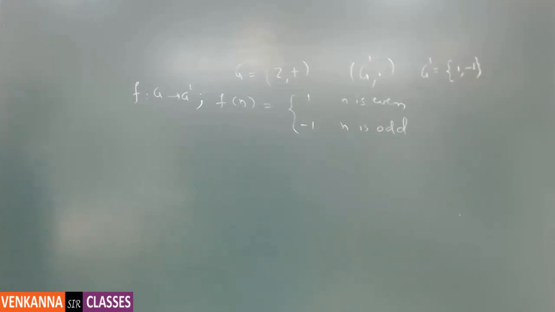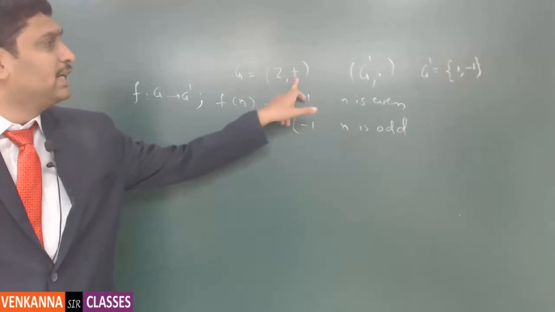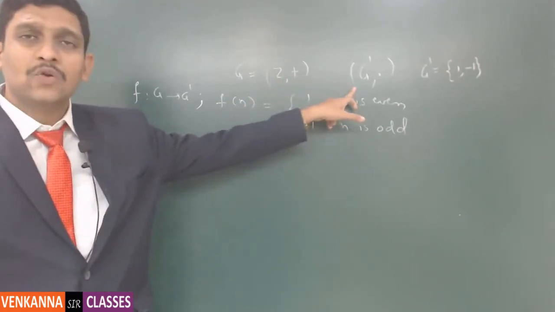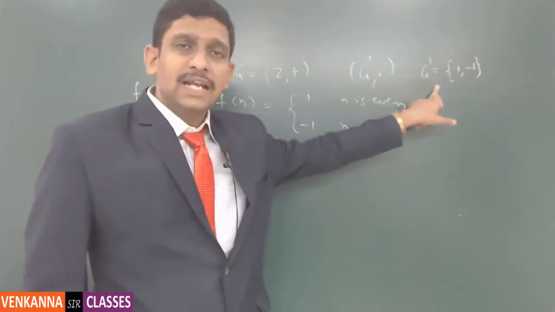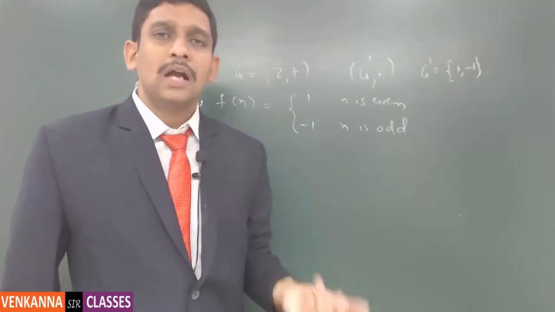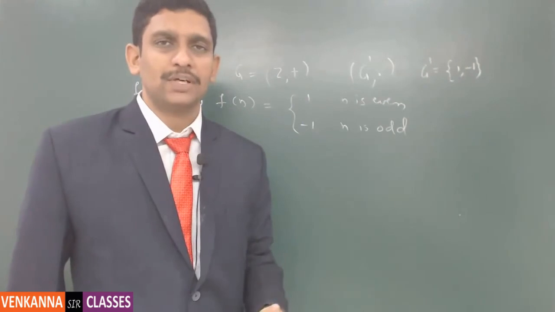So please take note of the problem. I have taken the group as the additive group of integers. I have taken the codomain as the set having only two elements 1 and minus 1, and the operation is multiplication, the regular multiplication of numbers.